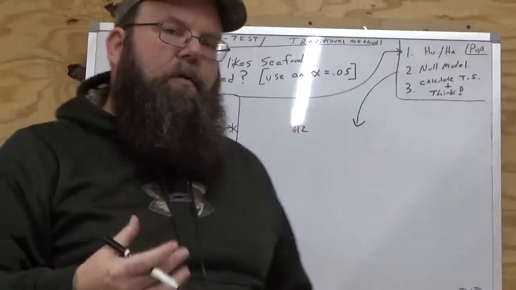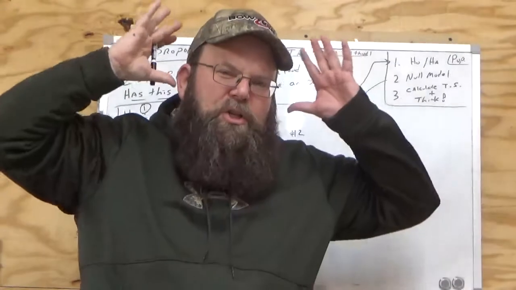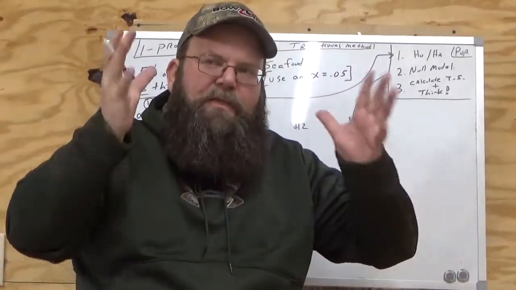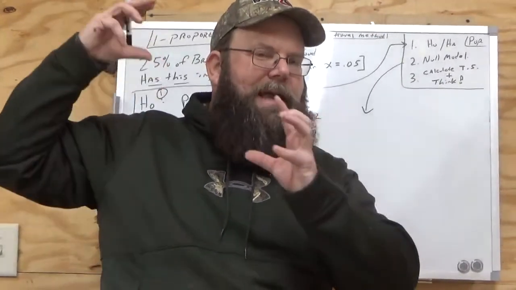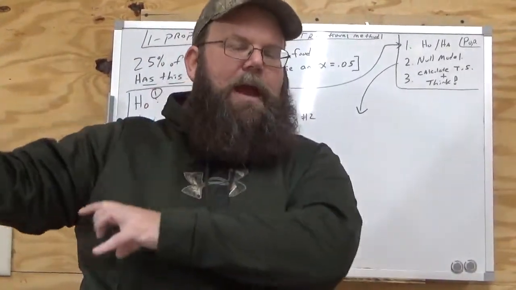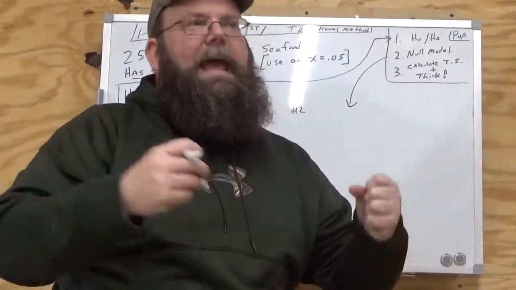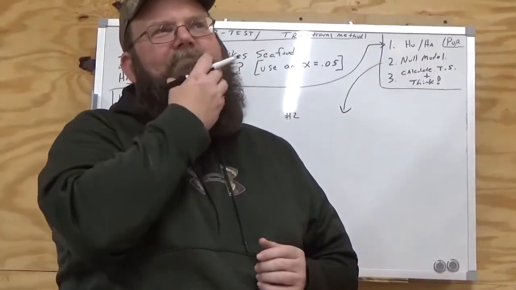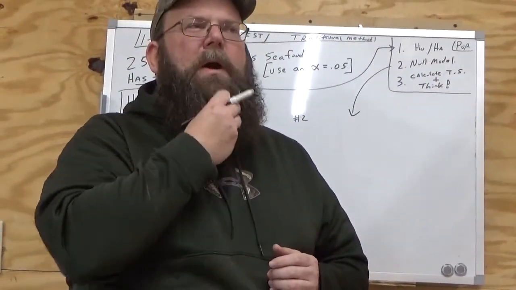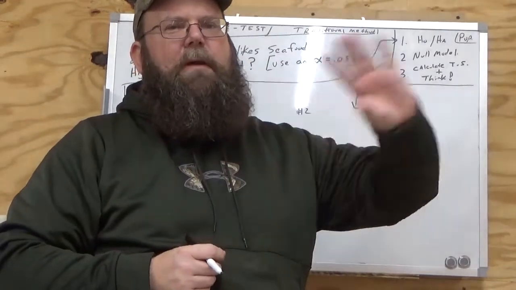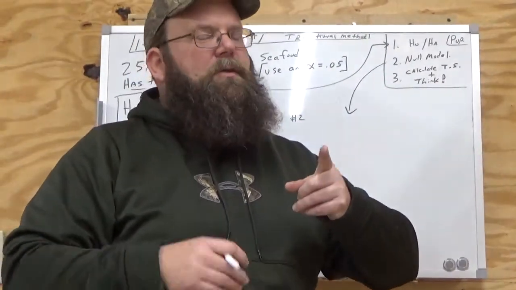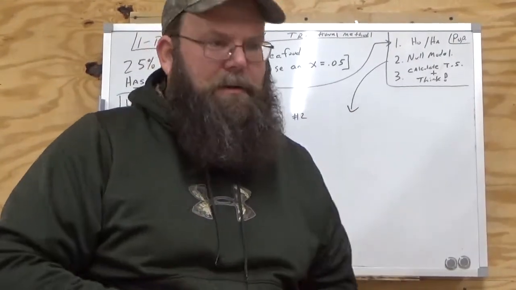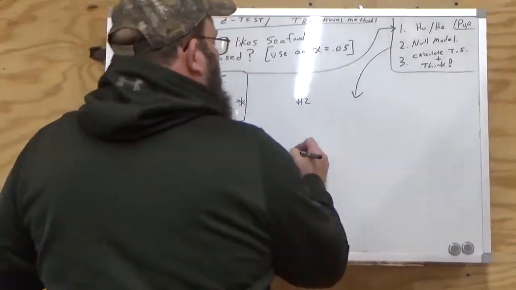What the null model says is we're assuming that the null hypothesis is true. And then we're going to take a sample and compare it to that null hypothesis, and we're going to make a decision and say, is it still true? Or are the results so crazy that we would say, I don't think so, because randomly that's not going to happen. So let's make a null model.